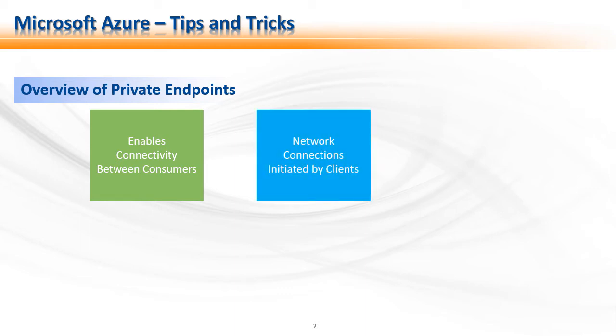The network connections can only be established in a single direction, and the connections can only be initiated by clients connecting to the private endpoint. The service endpoints do not have any routing configuration to initiate the connections into the service consumers.